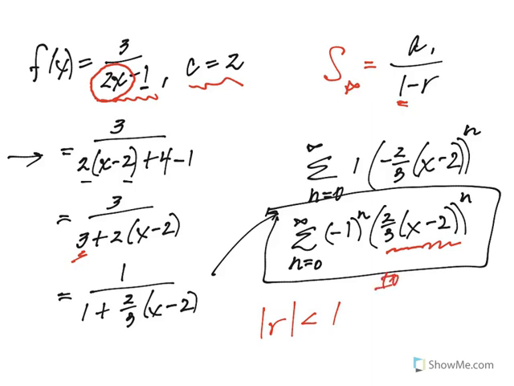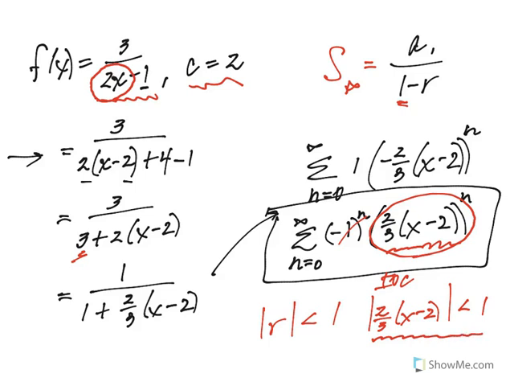So if I ask you for the interval of convergence on this, and I do the ratio test, I'm going to have one more of these on the top than on the bottom, so I disregard this. So I've got the absolute value of 2/3 x minus 2 is less than 1.